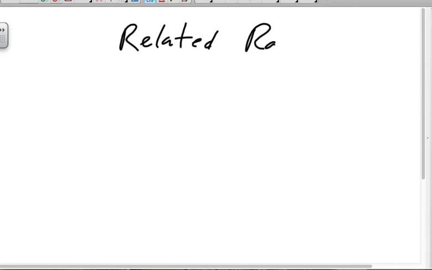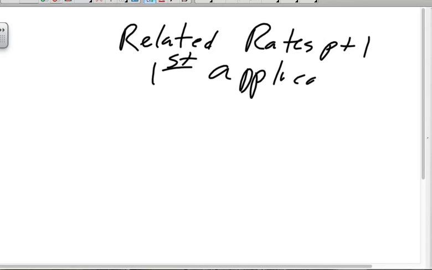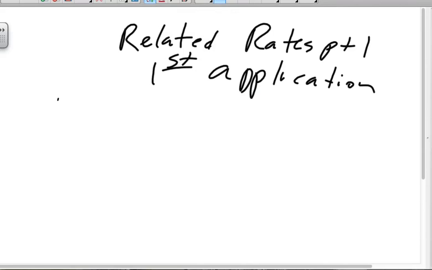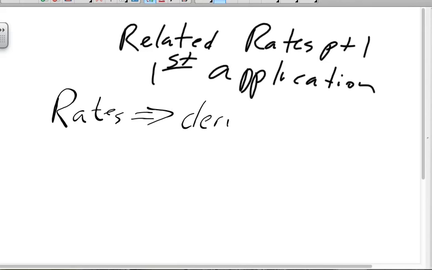Okay, so this is related rates, part 1. And this is the first application of derivatives we're going to deal with. All right, so related rates. In calculus, when you see rates, you should automatically think derivatives.